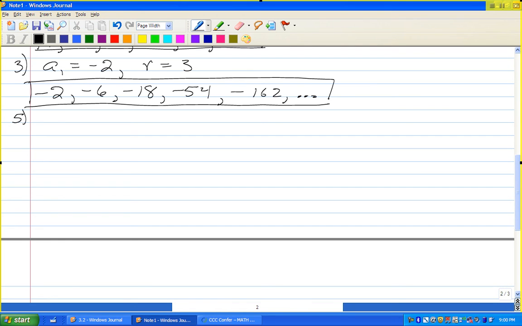The first term is 5. And, oh, well, I should really tell you this first. So let me give you the formula for the general term for a geometric sequence.